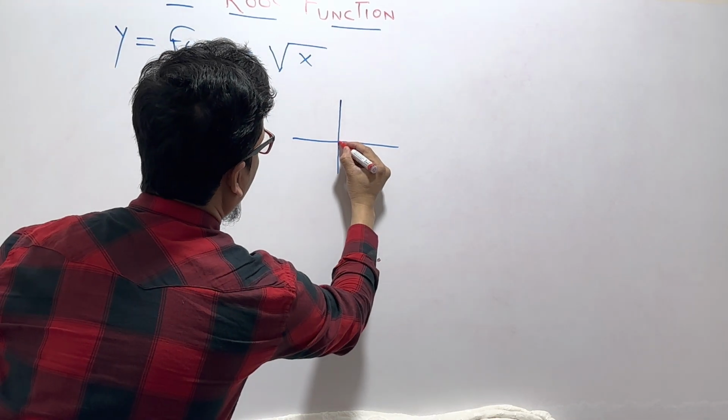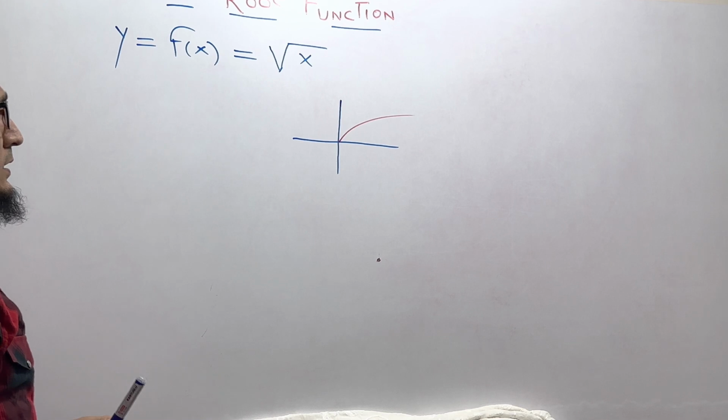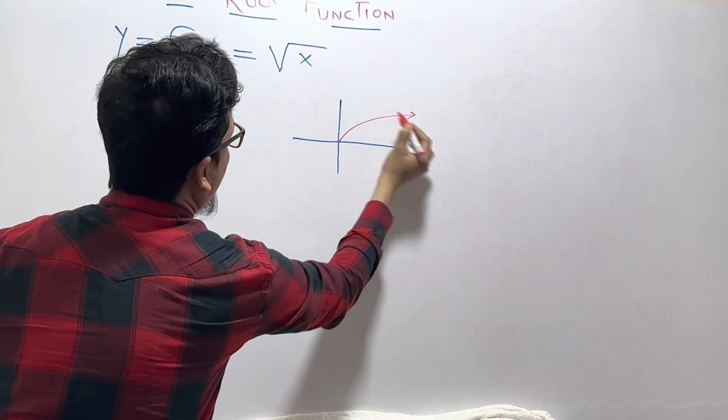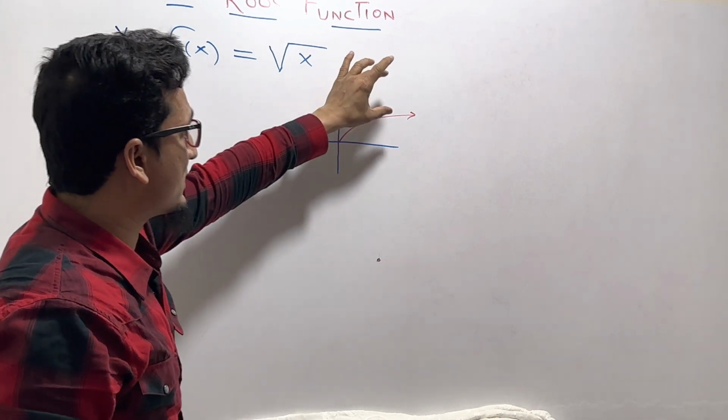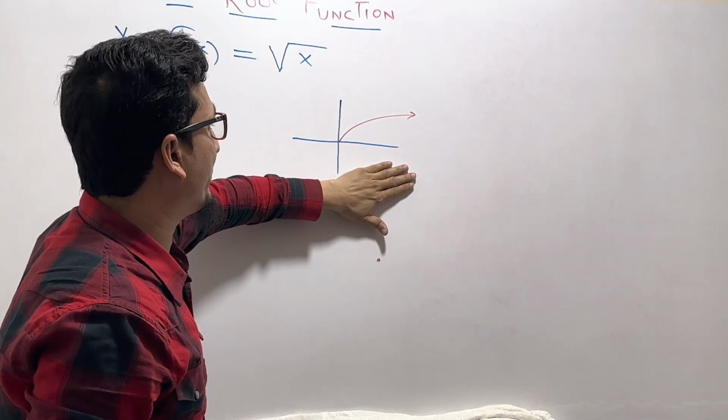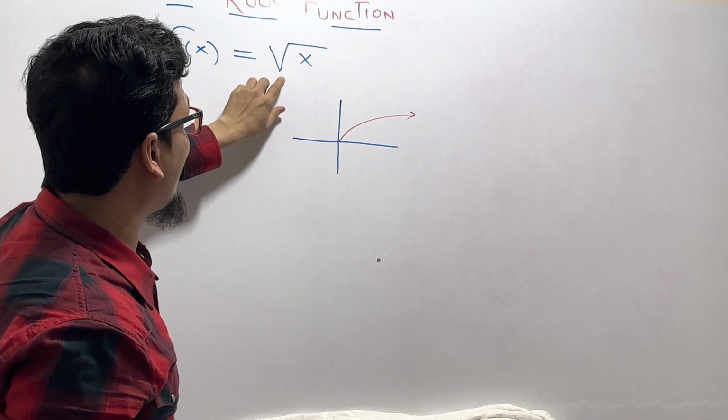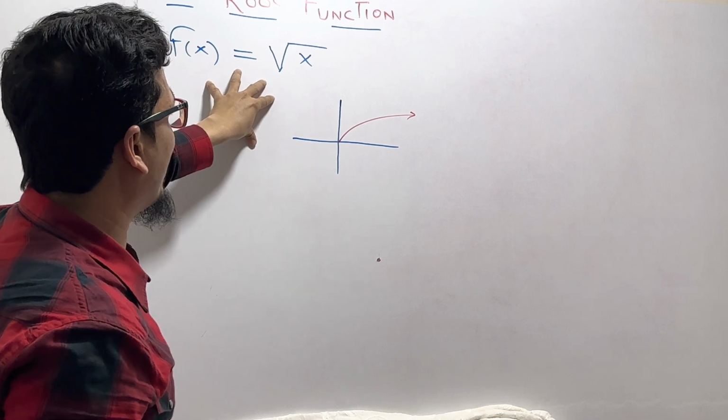You can see this is the graph of the square root function, right? As I told you, we will consider the positive part, we will not take the negative part. So this is the graph of a square root function. You can say this is the parent function of a square root.